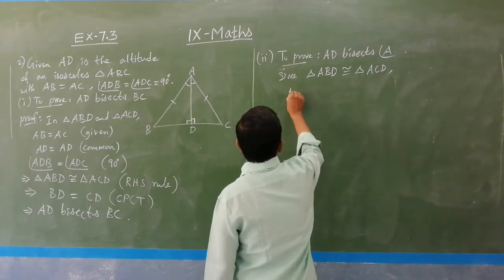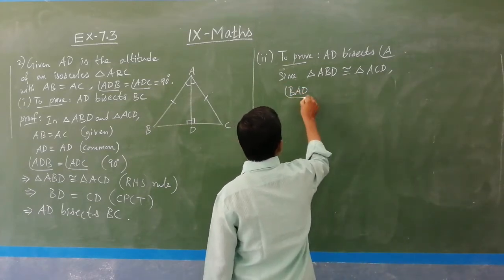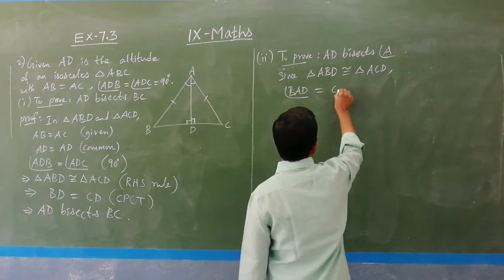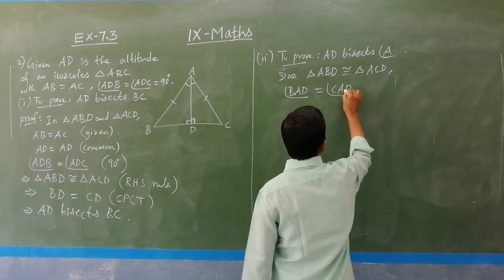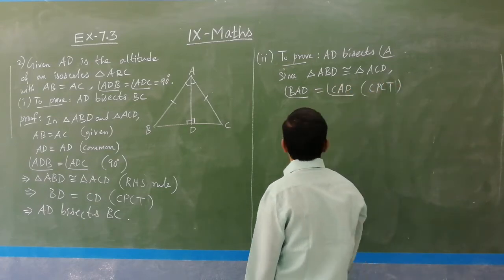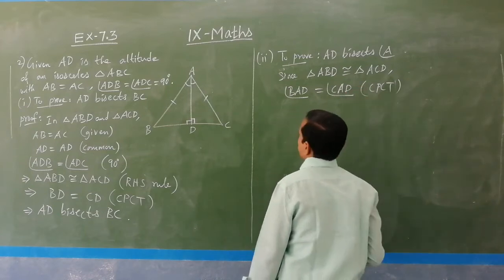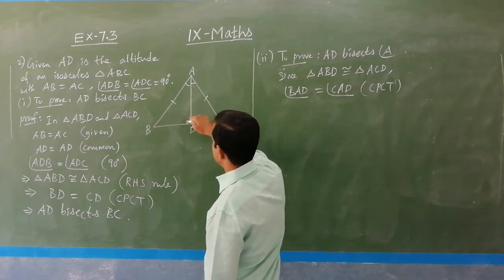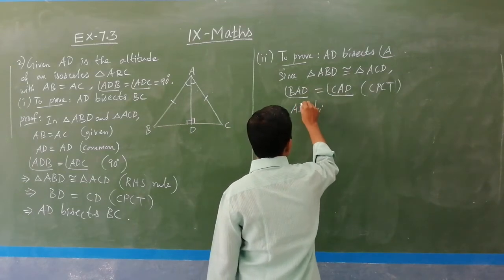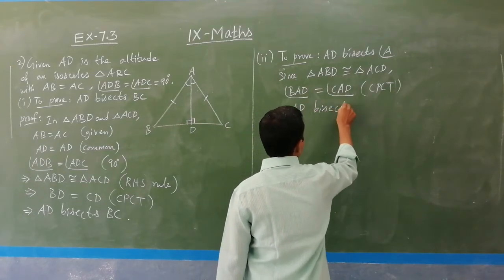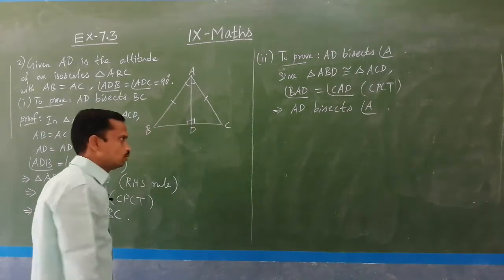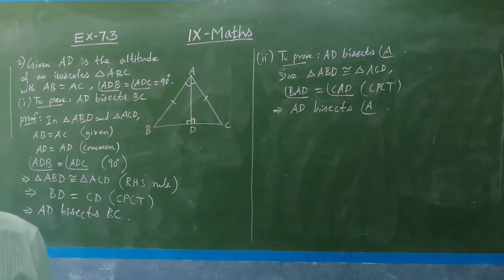Angle BAD of the first triangle is equal to angle CAD of the next triangle, right? By CPCT we can say that. Therefore, what? AD bisects angle A. Is it clear? That is all the proof, and we move to the next sum.